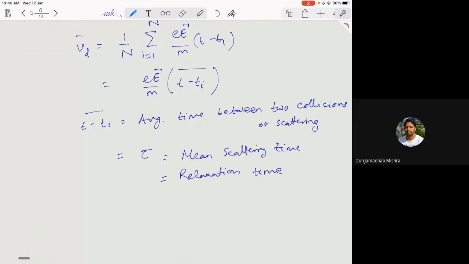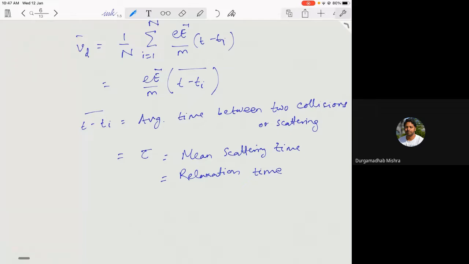That means within this time tau, the electron will not encounter any collision. So it will get accelerated due to this electric field without getting scattered.